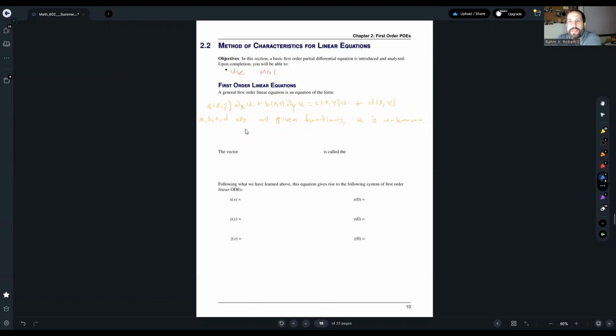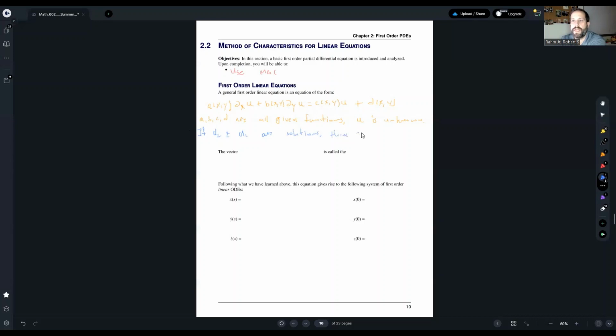Now, why do we call this linear? We call it linear because it is linear in the function u. It's linear because if u1 and u2 are solutions, then so is any linear combination of u1 and u2.